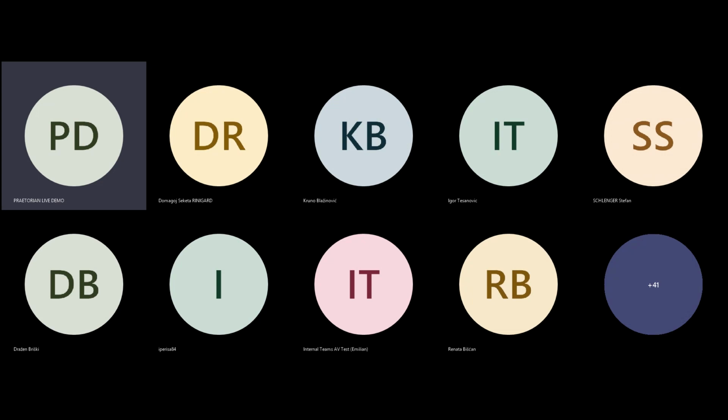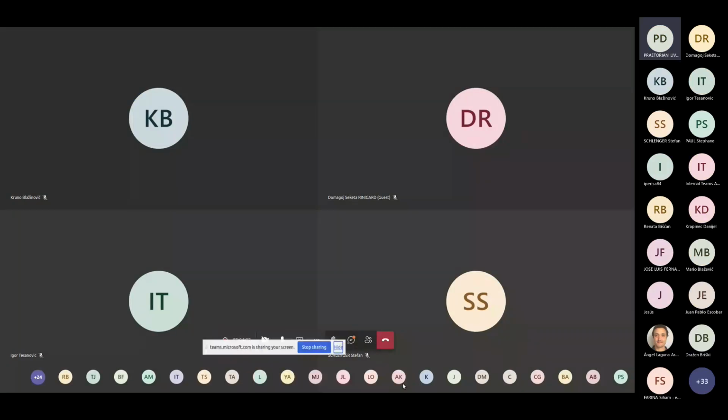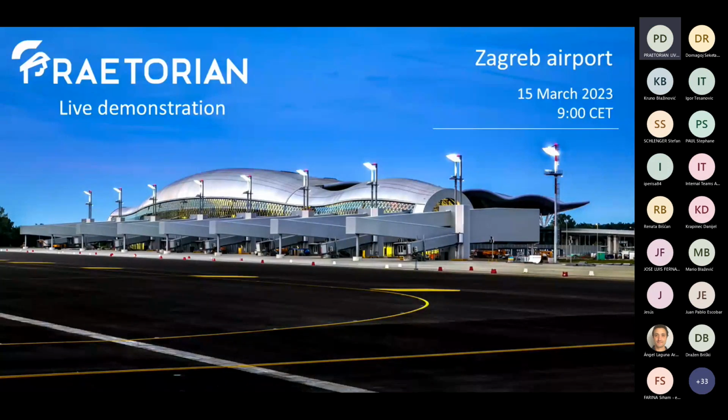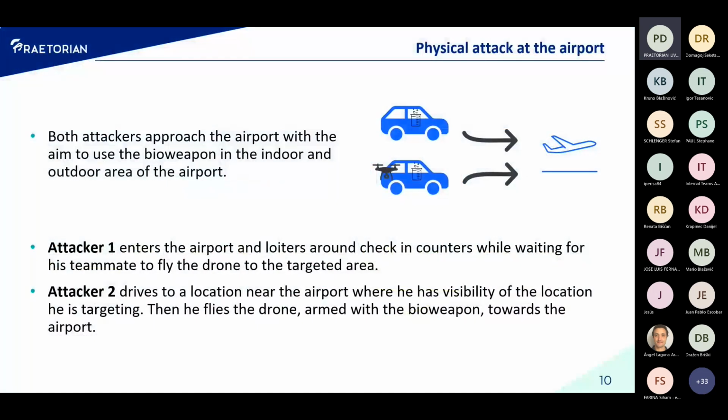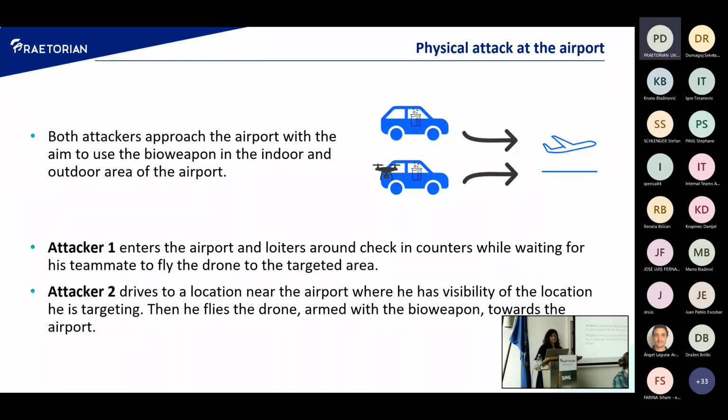But that system is also integrated into the Praetorian platform, which means that if you could now switch to me, we had this second attacker, and Matthias should have received an alert, an incident that a drone was detected there, together with the short footage of what was actually detected.